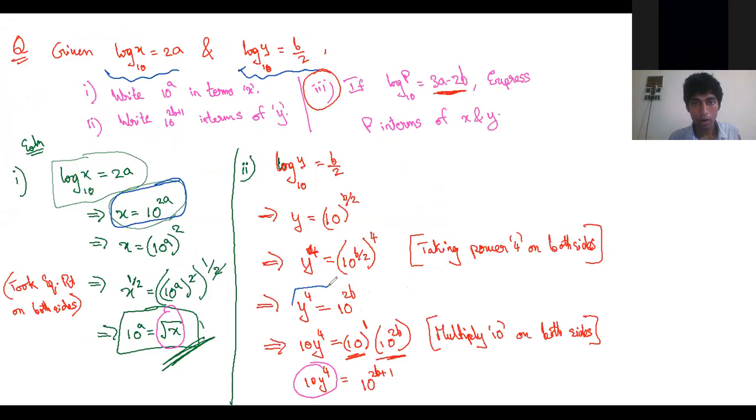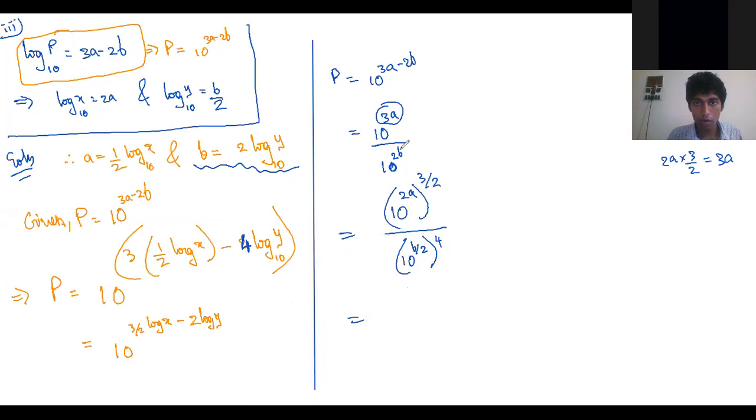And y power 4 is 10 power 2b. So we know the value of 10 power 2b and 10 power 2a. So can I say this will become x power 3 by 2 divided by y power 4? Is this okay?